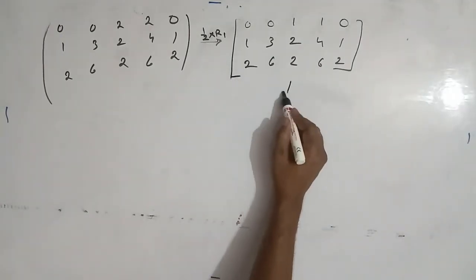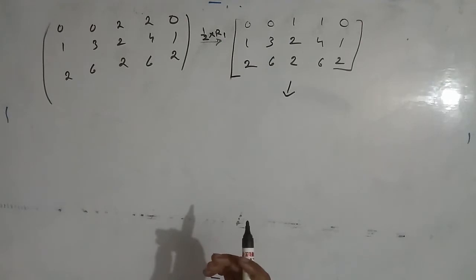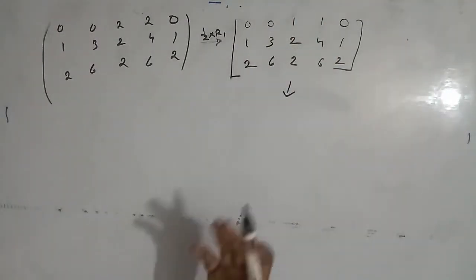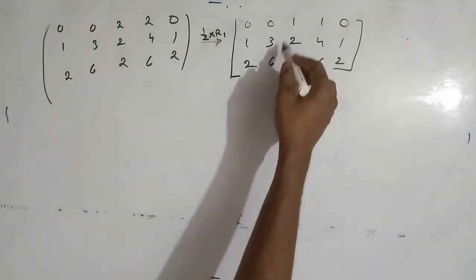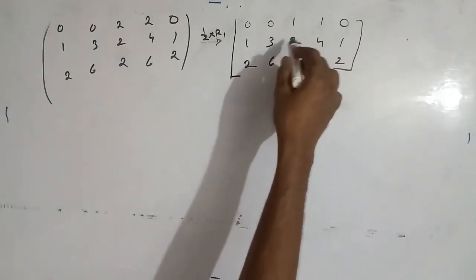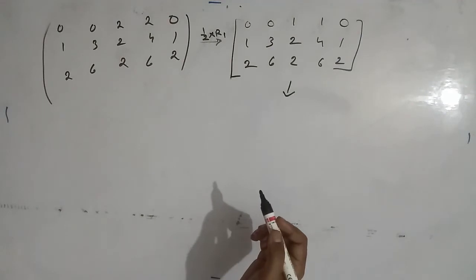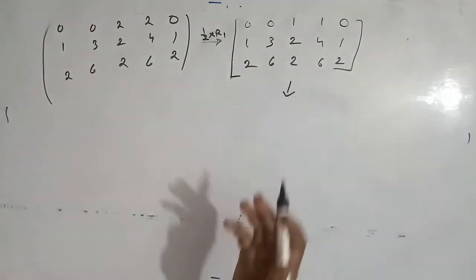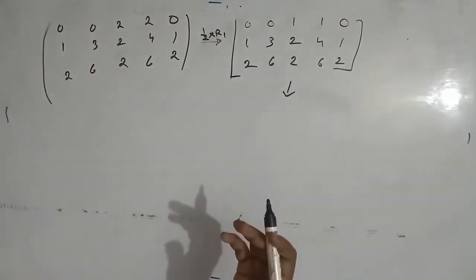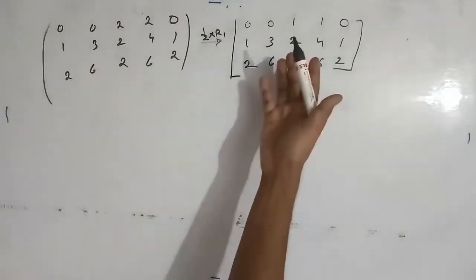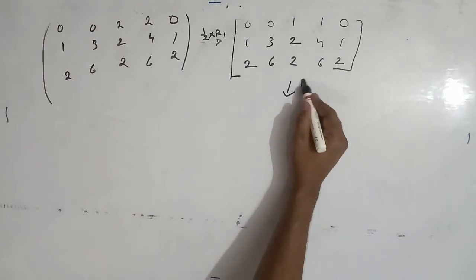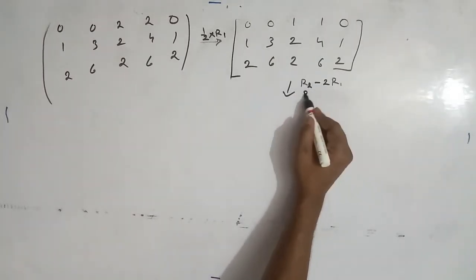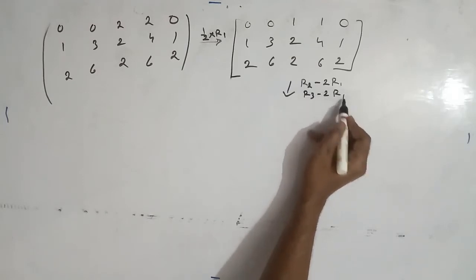Now this leading element is contained in the third column, so the remaining elements will be 0. These two elements will be 0. So to make these two elements 0, we have to operate these two rows with R1, and the operation will be R2 minus 2R1, R3 minus 2R1.